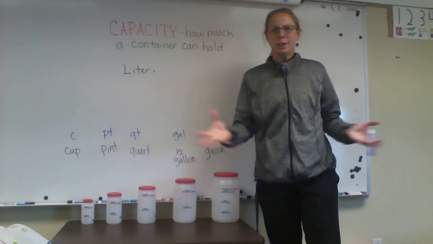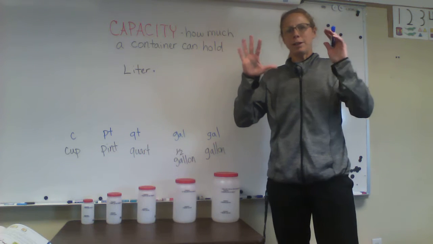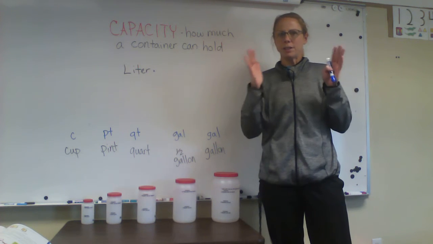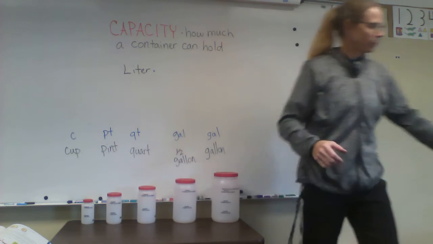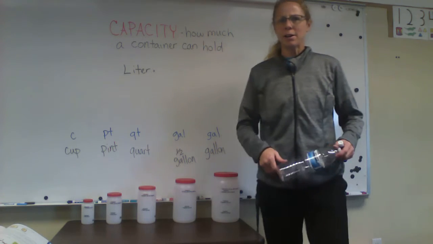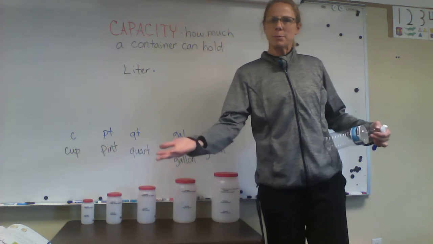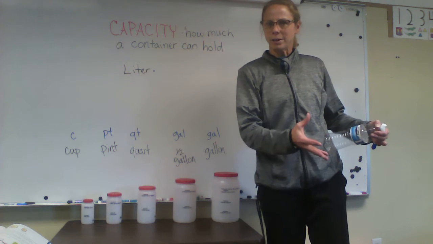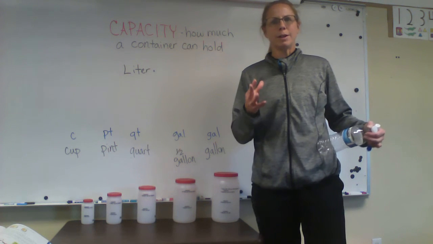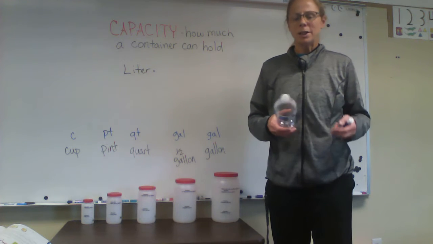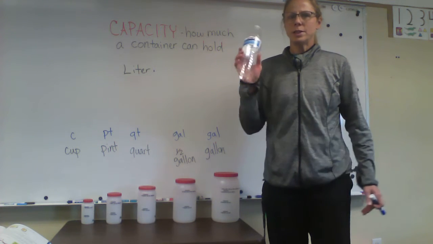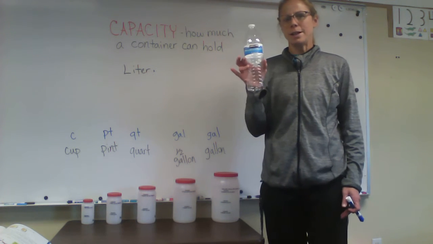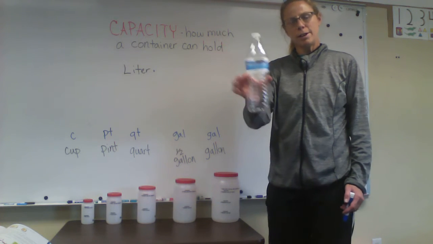Around the world, it's called the metric system, kind of a different way of units of measurement. Kind of how sometimes people might use kilometers instead of miles for measurement, okay? So the metric system would use liters for capacity. And so this is a liter.